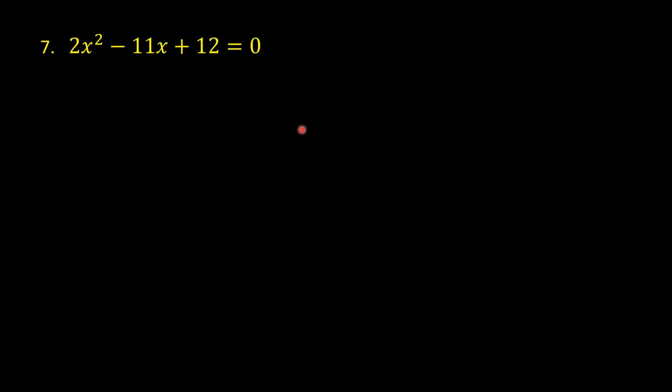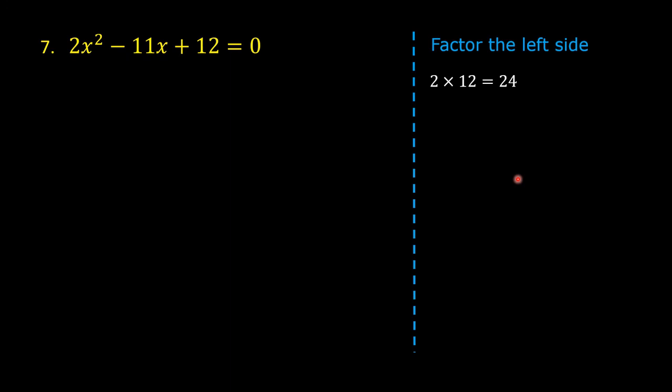Example number 7. 2x squared minus 11x plus 12 is equal to 0. Factor the left side. Multiply the coefficient of x squared by 12. So 2 times 12 is 24.